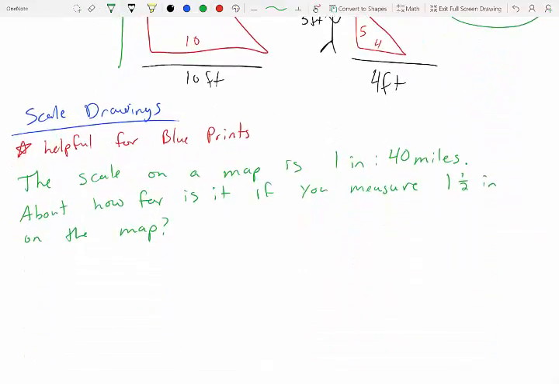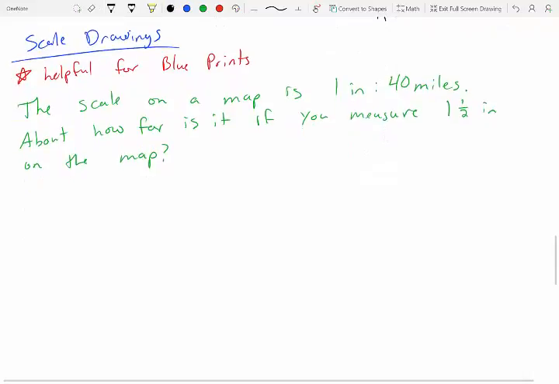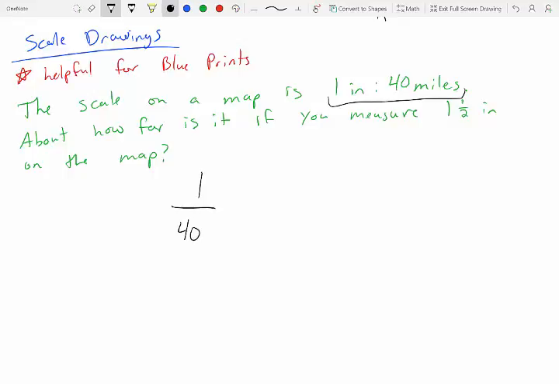The last problem we have is dealing with scales and scale drawings, which is going to be helpful with your blueprints. The scale on a map is 1 inch is 40 miles. I need to make a proportion out of this somehow. So I'm going to take 1 inch to 40 miles and make a ratio, inches on top and miles on bottom. Put my equal sign and start another ratio.